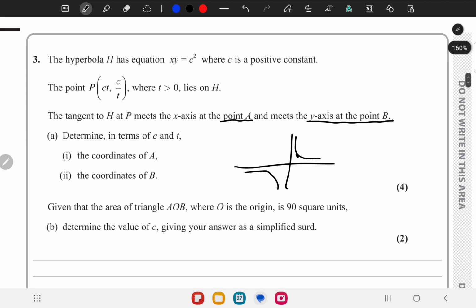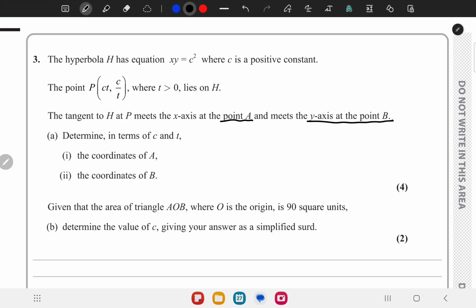The tangent to the graph at any point on H would meet the x-axis at point A and the y-axis at point B. So we have to find the coordinates of A and the coordinates of B.